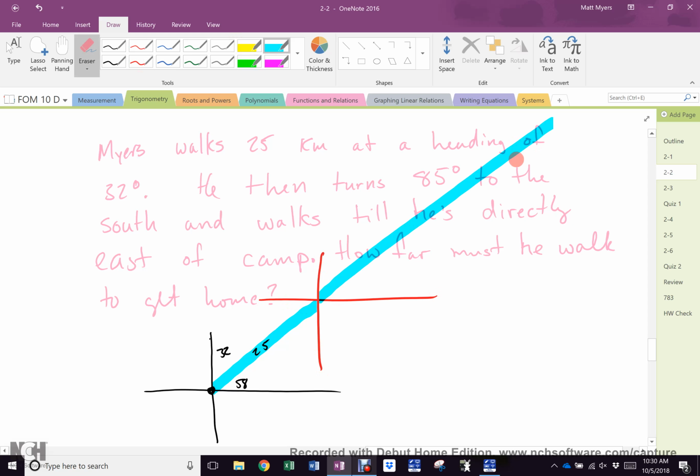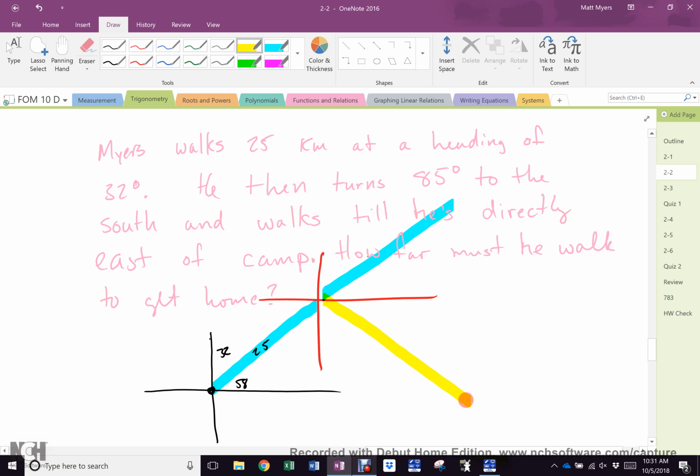But I did turn. How far? 85 degrees to the south, yes? So if this line continued on, what direction is south from that blue line? It's down, yes? And how far did I go? 85 degrees. So my new walk is going to be 85 degrees away from here.